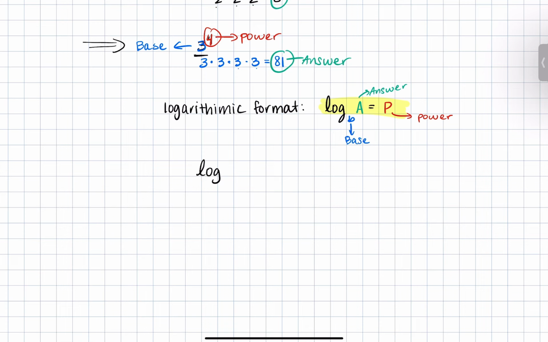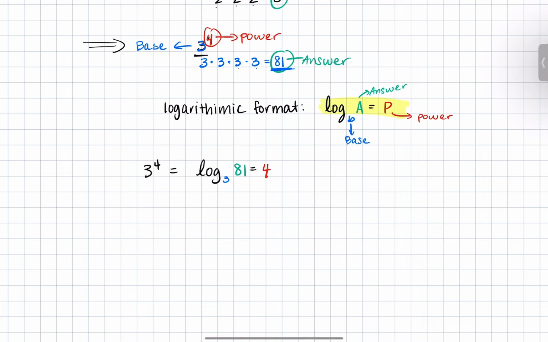So we're going to write 3. Our answer is 81, so we're going to write 81, and we're going to write equals our power. Our power is 4. So this is the log format for 3 raised to the power of 4.